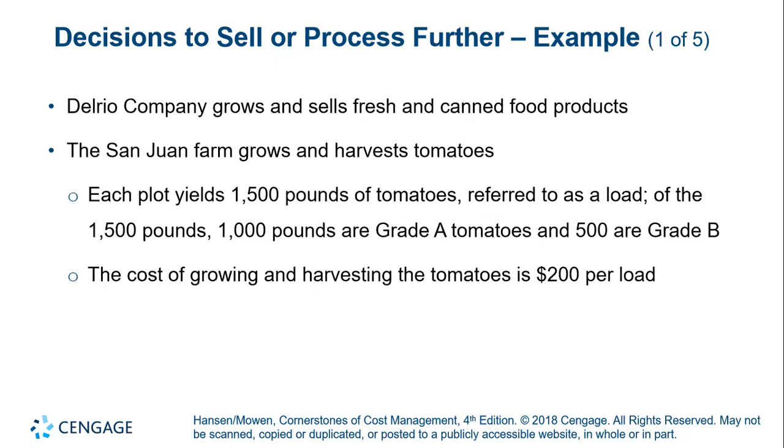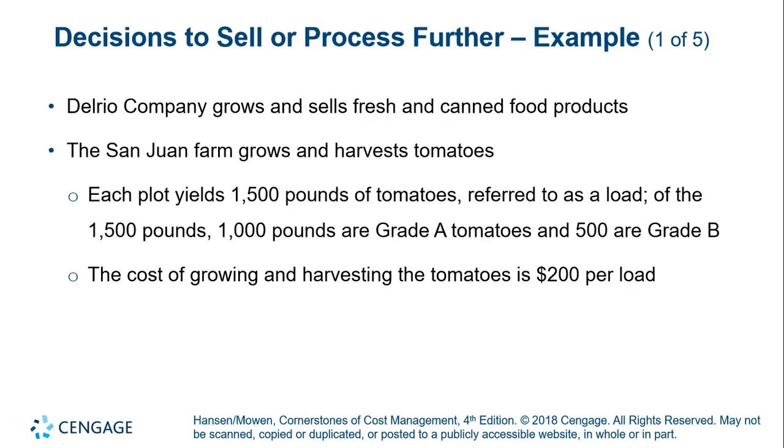Each plot yields 1,500 pounds of harvested tomatoes, referred to as a load. Of the 1,500 pounds, 1,000 are grade A tomatoes, and 500 are grade B.